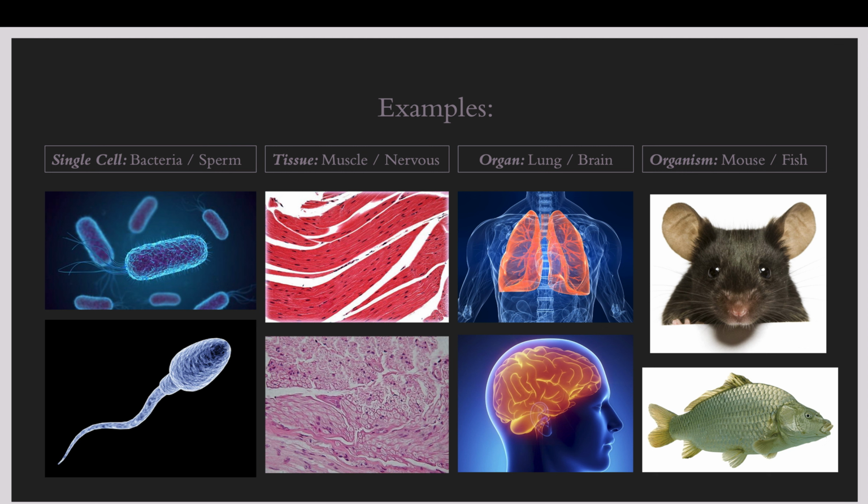So this slide gives you some visual depictions of what we've talked about so far. We've talked about how we have complex systems like human beings. Even the mouse and the fish that you see on the right side of this slide would be considered complex living things. But we can talk about single-celled organisms, like in this image we have a bacteria, or sperm, for example, being a single-celled organism.